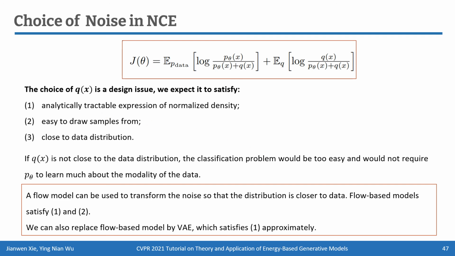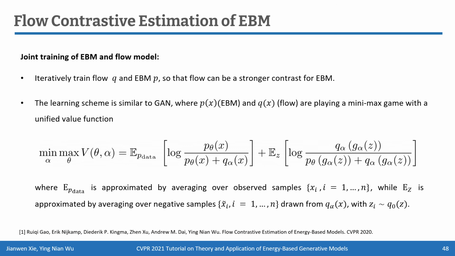But here, let's focus on flow contrastive estimation, where we use Q as our noise distribution, and we continue to use the log likelihood of the logistic regression as our value function.